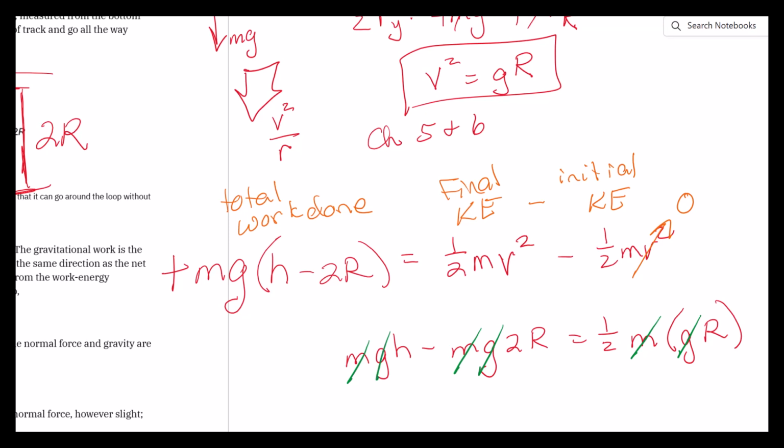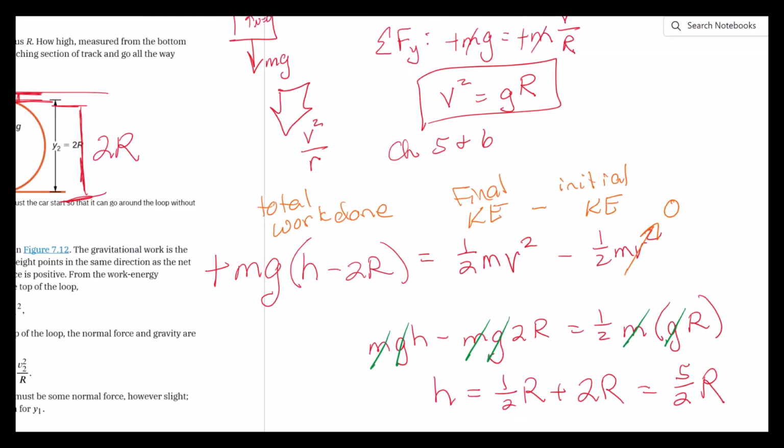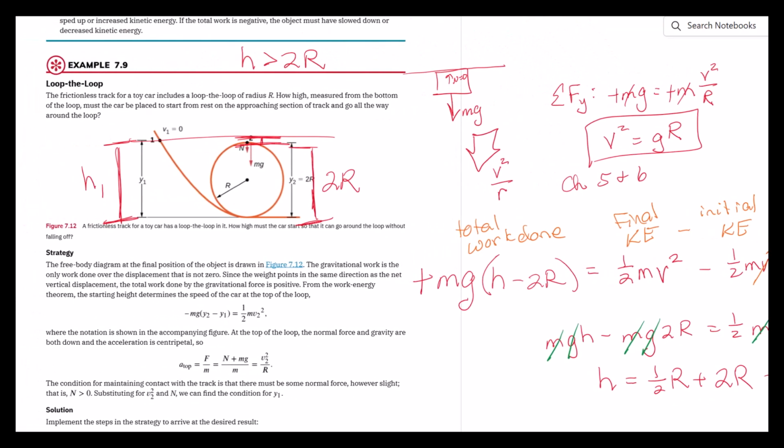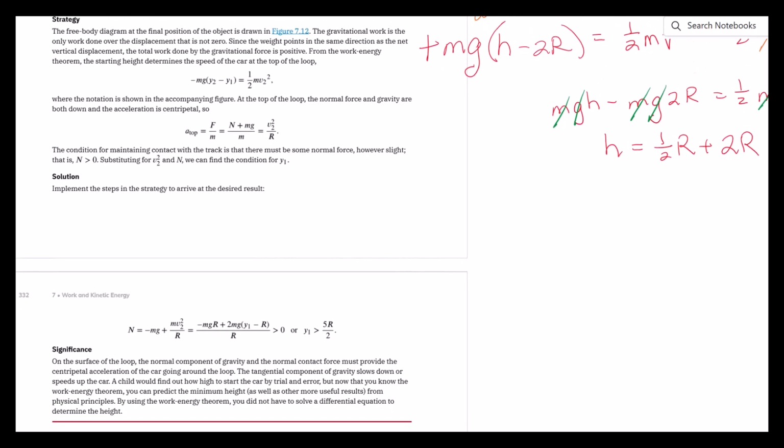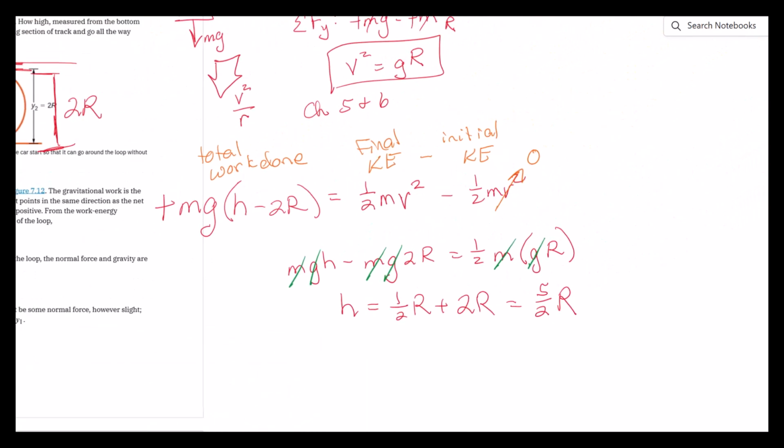It's going to behave exactly the same on Mars as it would here on Earth. So h equals 1/2 r plus 2r, which would be 5/2 r. So that's how high up we need to start to end up in the right spot.